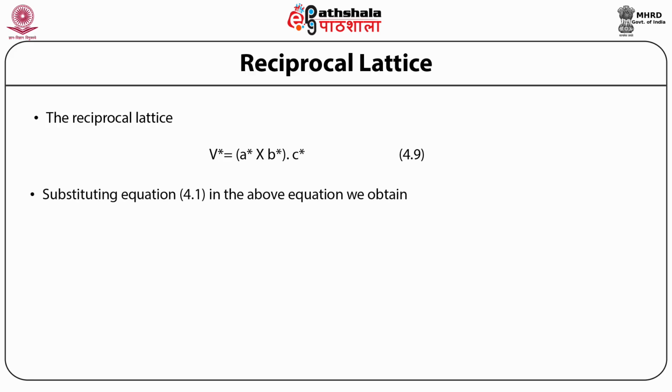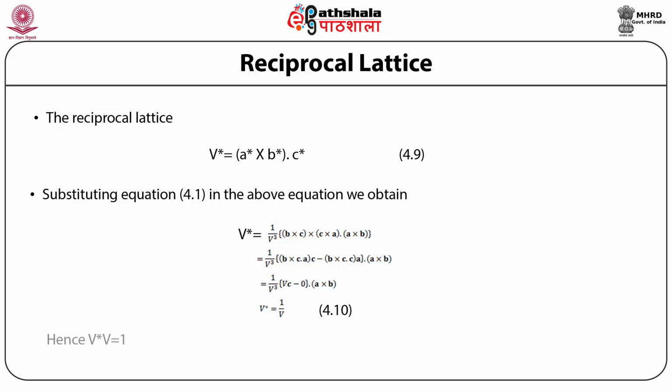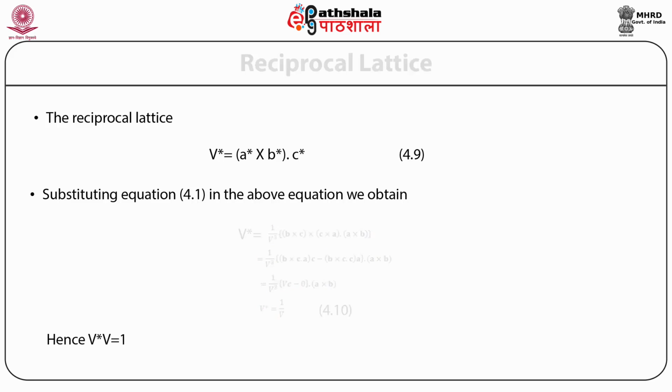Substituting equation 4.1 in the above equation for A star, B star and C star, we get V star as 1 by V cube times B cross C cross C cross A dot A cross B, which can finally be simplified as V star equals 1 by V. So V is the volume in the real space. V star is called the volume in the reciprocal space because V star equals 1 by V as given by equation 4.1.